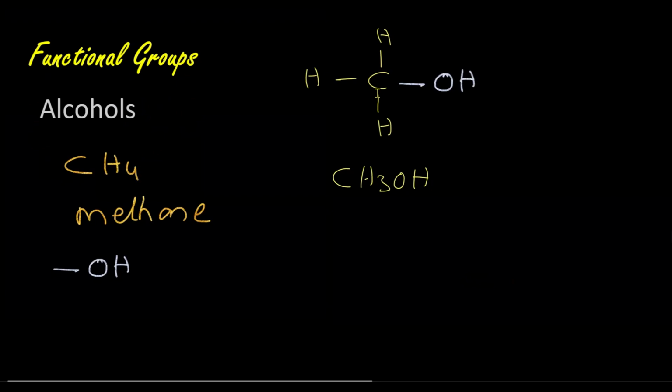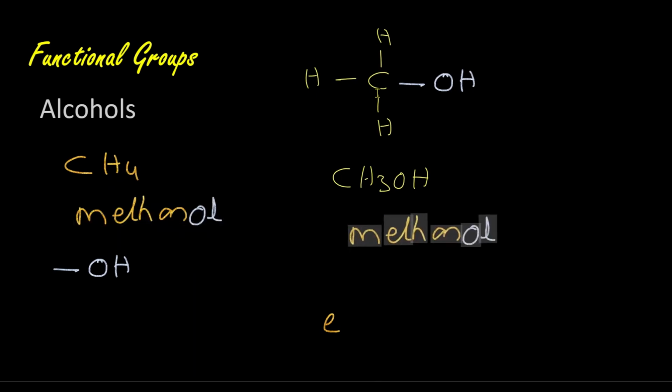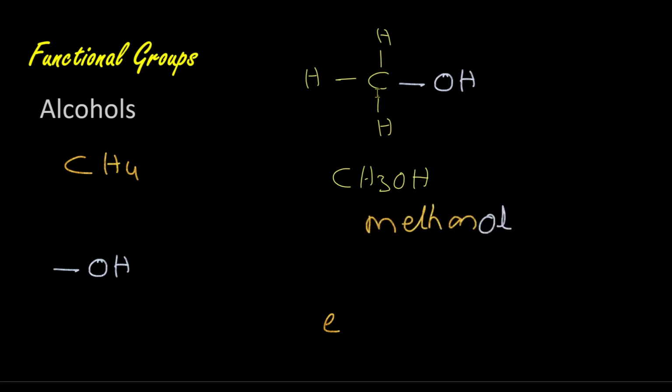So we had the name methane here. And now we will attach a suffix called OL. And the name of the compound from methane will turn into methanol. So this is how the first member of this alcohol functional group is formed, and this is methanol.